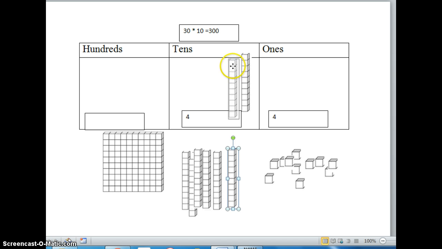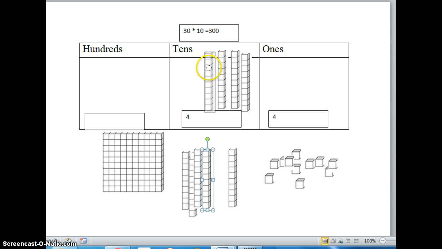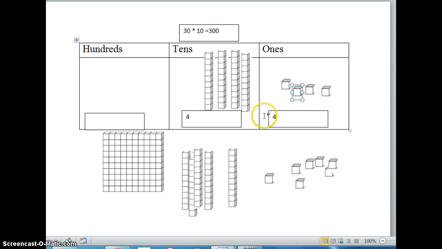If we were talking money, it would be 4 $10 bills versus 4 $1 bills. And that really helps make multiplying by tens much easier, because regardless of what you have, you're taking each digit and moving it to that next place value.